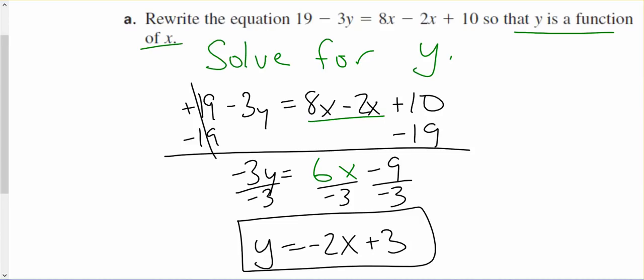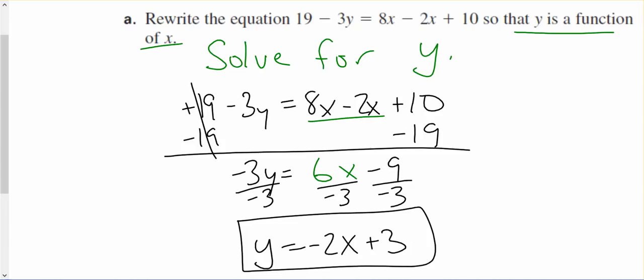We're writing y as a function of x, meaning that I can substitute any value I want in for this x and get out a value of y. I could say x is hours worked and y is your payment. Now that wouldn't work because this is a negative slope, but maybe hours worked for someone else, and you're going to have to pay them.